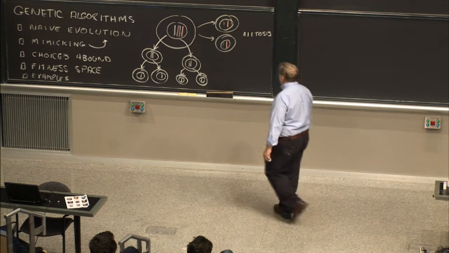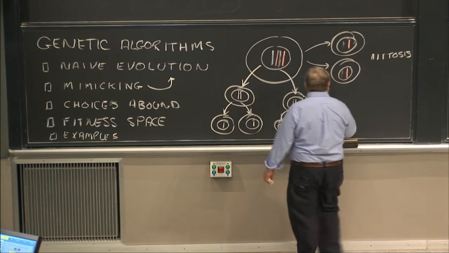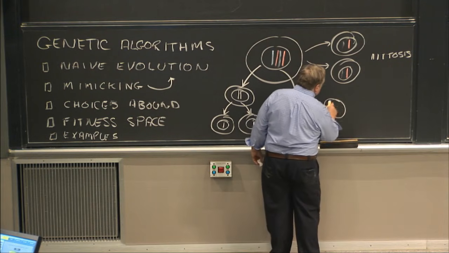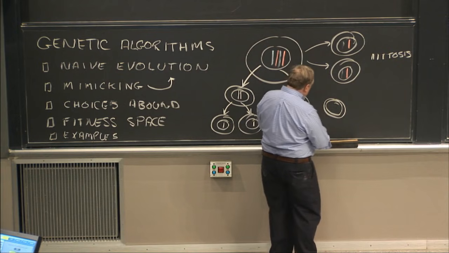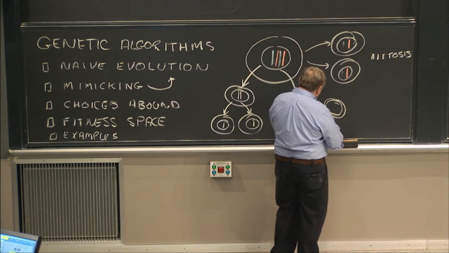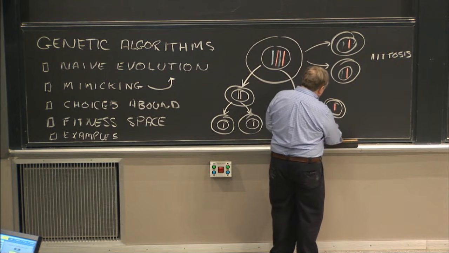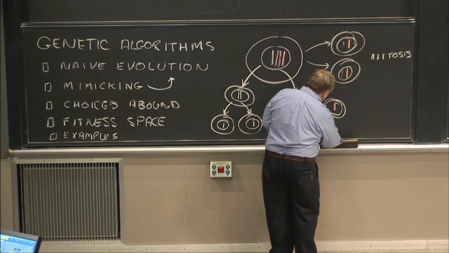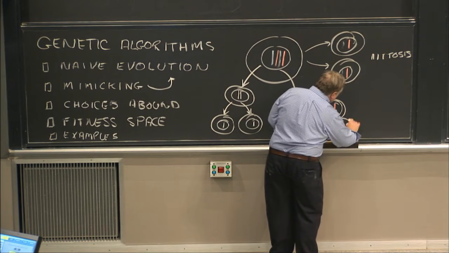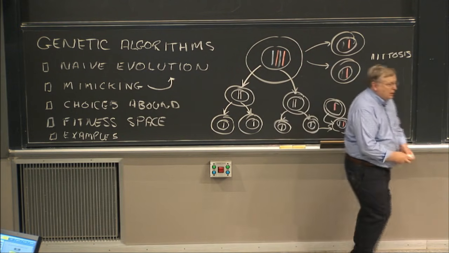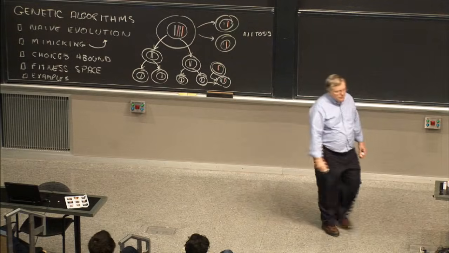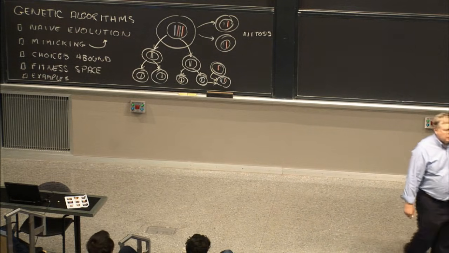Then along comes a special occasion, and now we can think of this as being a blue one, and this as being a pink one, and they come together, and you get a new person, like so. Note that your mother and father's chromosomes are never recombined.